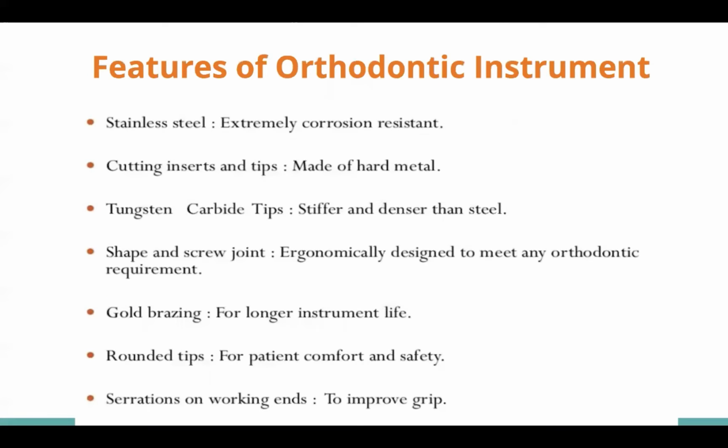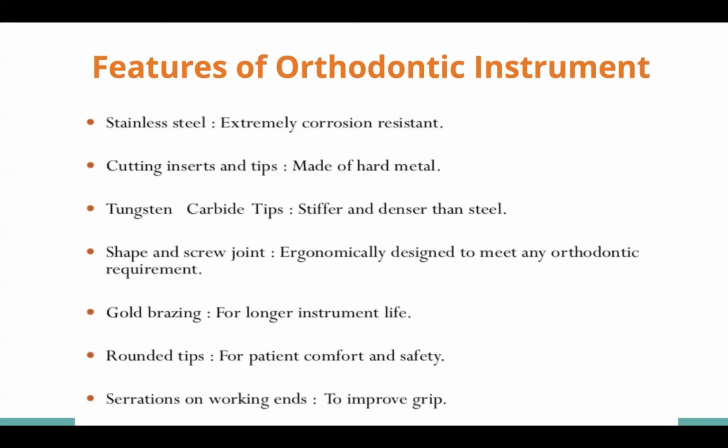What are the features of orthodontic instruments? Orthodontic instruments are made of stainless steel. They are extremely corrosion resistant, and they have a cutting insert and tips, which are made of hard metal. The tips of the instruments are made of tungsten carbide. They are stiffer and denser than steel.